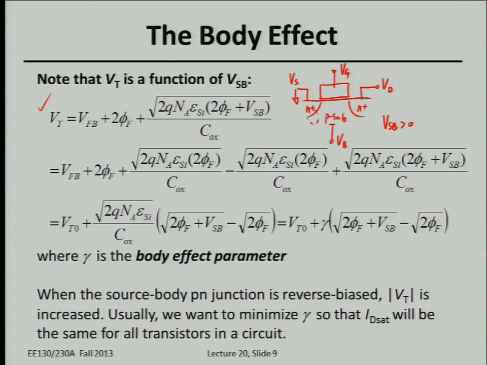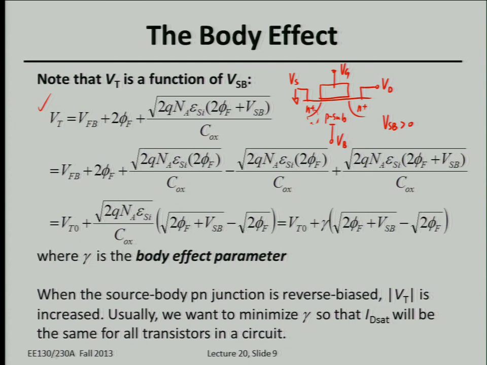Once VSB is larger than 0, the potential in the N region is higher than the potential in the P region. Can anyone tell me why, in most cases, we only allow this condition to appear? Can we sometimes have VSB smaller than 0? Yes, that's true. You're right.